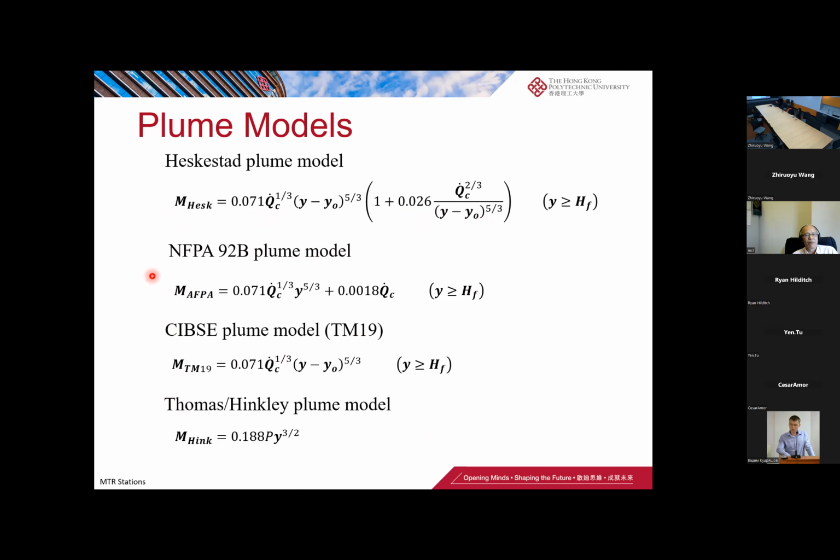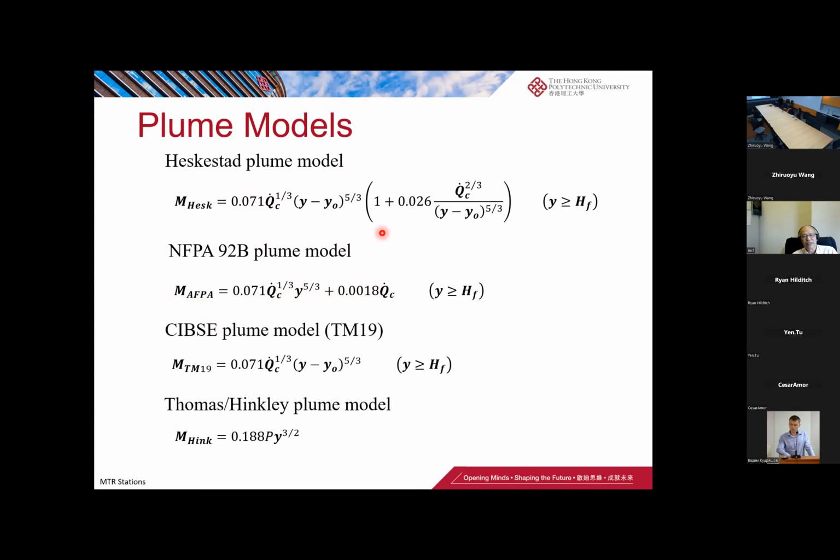At that time, NFPA introduced a plume model for practical design. The NFPA model is basically the same as the Hesketad model, but drops the virtual origin point.